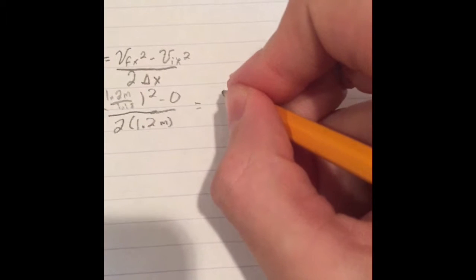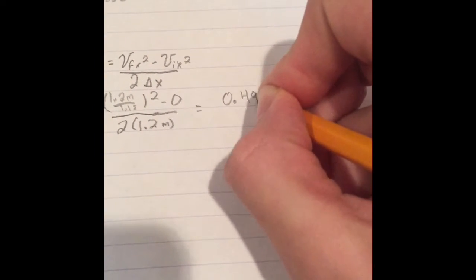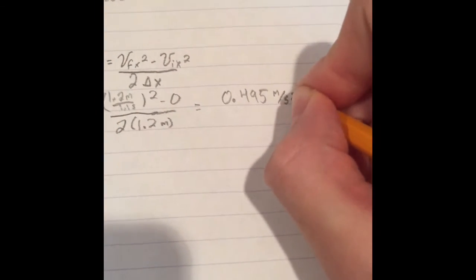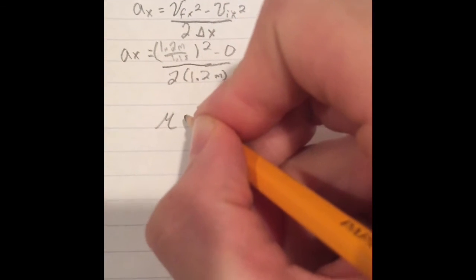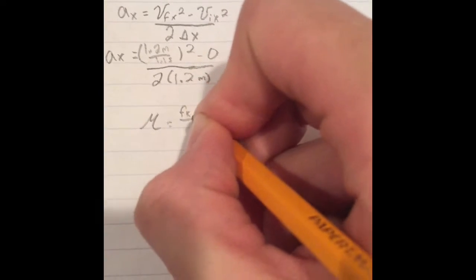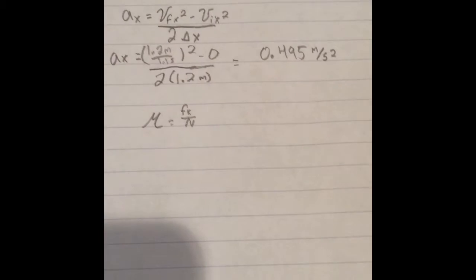And then the acceleration in the x direction comes out to be 0.495 meters per second squared. And then the frictional coefficient, or mu, for this is equal to the force of the kinetic system over the normal force.